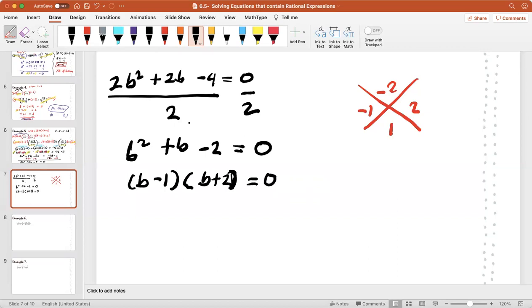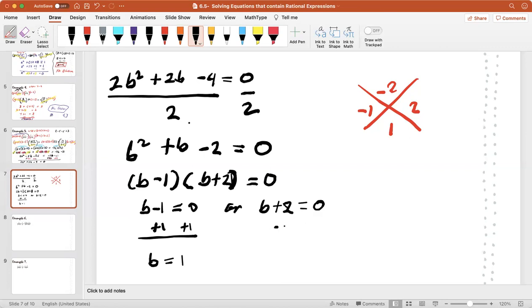Setting each factor to 0, we have b minus 1 equals 0 or b plus 2 equals 0. What's your b here? It's going to be 1, right? Plus 1, plus 1. You have b equals 1. How about this? Minus 2, minus 2.